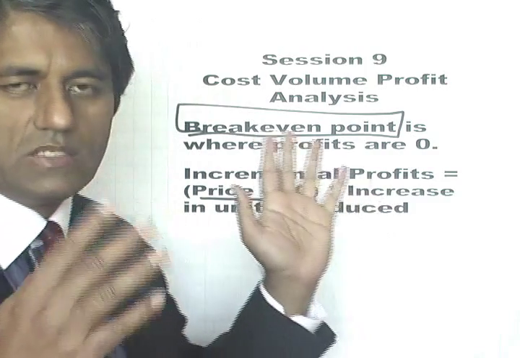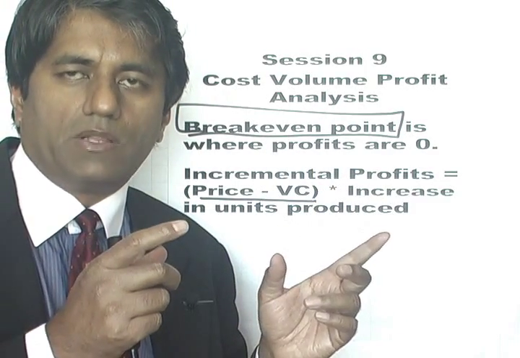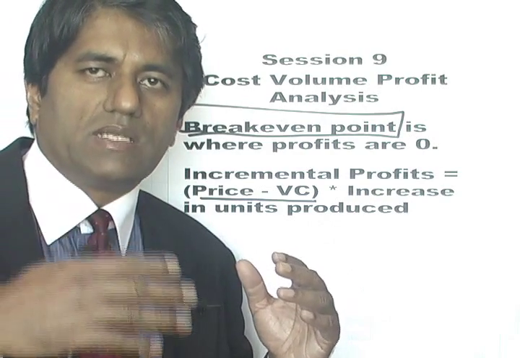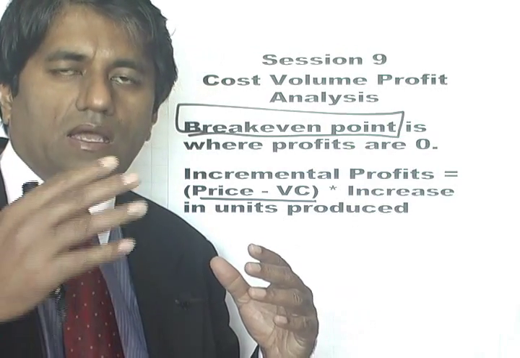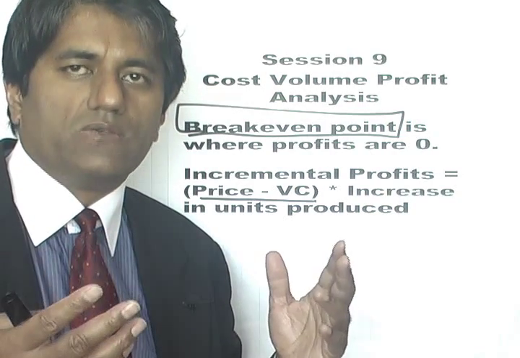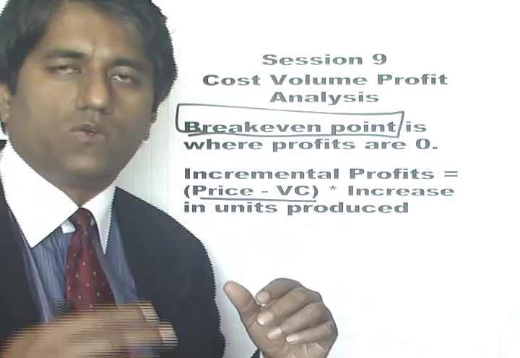So let's say price is 50, variable cost is 30. So price minus variable cost is 20. And suppose the firm produces 100 more units, then the extra profit will be 20 times 100, which is 2,000. And that is assuming price and variable cost don't change.